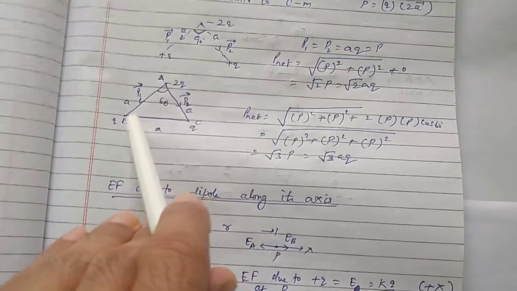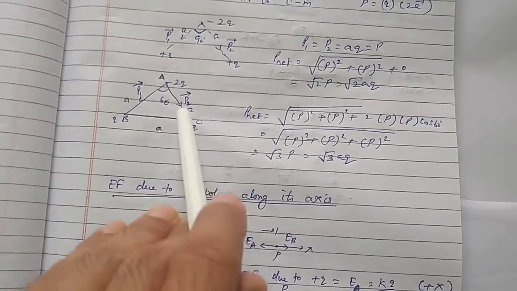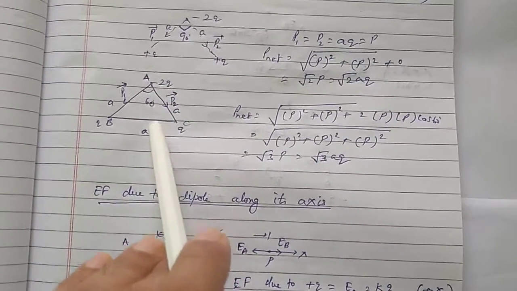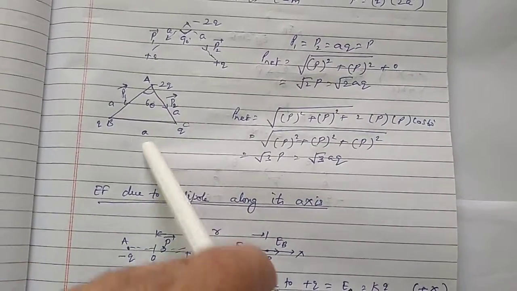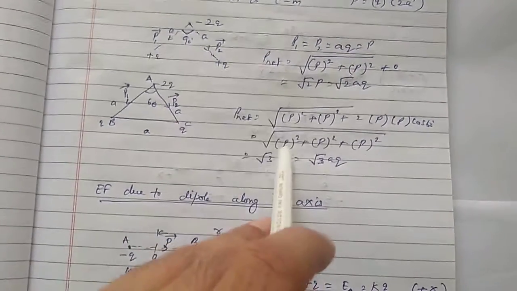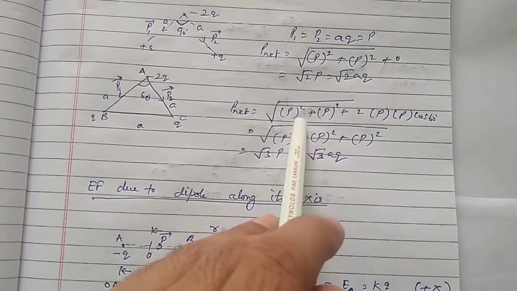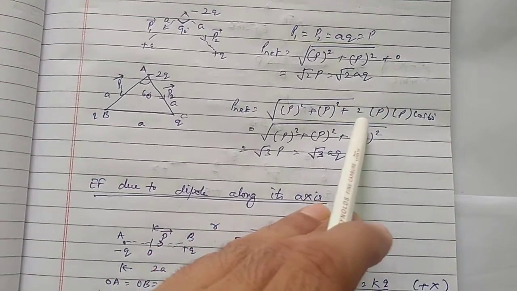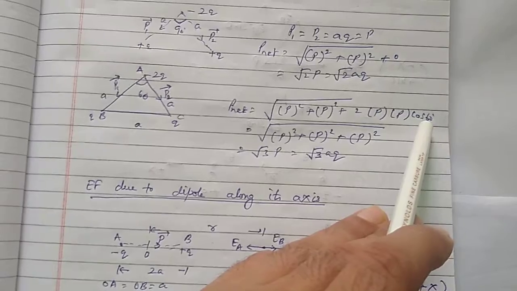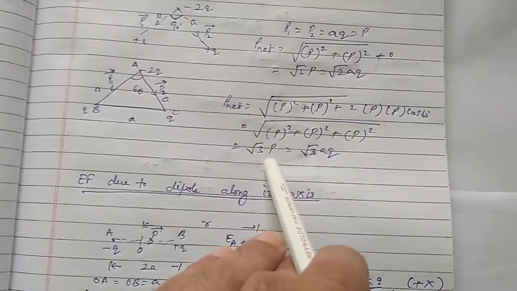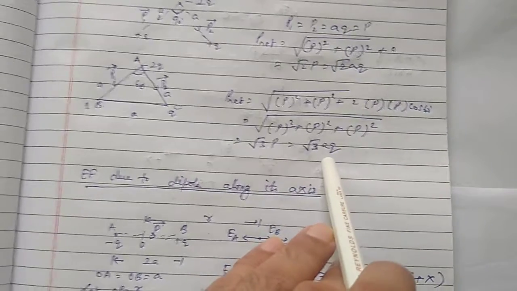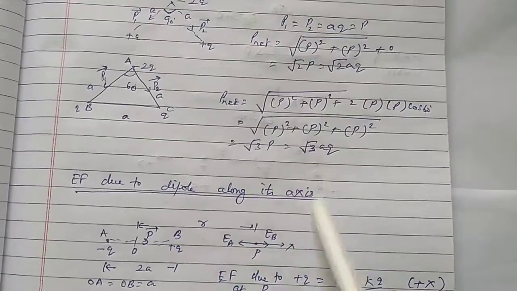So two dipoles are in these directions. And since it is an equilateral triangle, the angle is 60 degrees. And cos 60 degree, you know, is half. Again, I am applying the law of parallelogram, A square plus B square plus 2AB cos theta. And with cos 60 degree half, that will come out to be root 3 P, where P is again AQ.